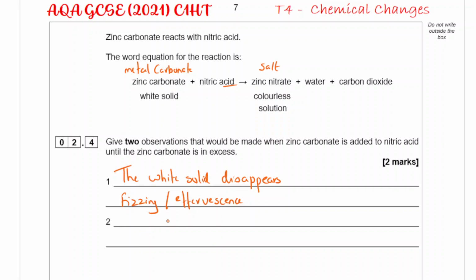It would then stop fizzing. So once all the acid has been used, it would stop fizzing. And when you are adding it in excess, you would have the white solid remaining at the bottom.